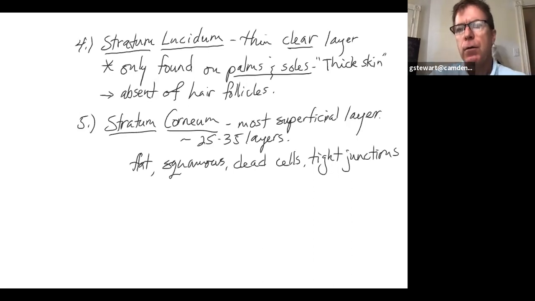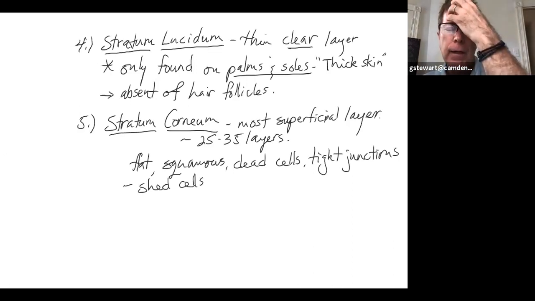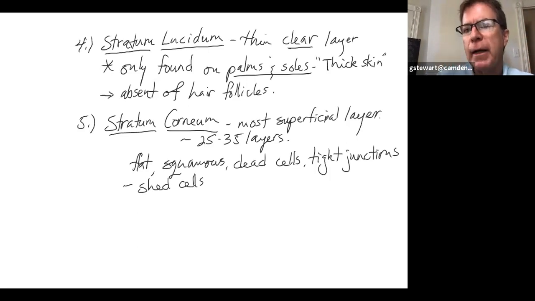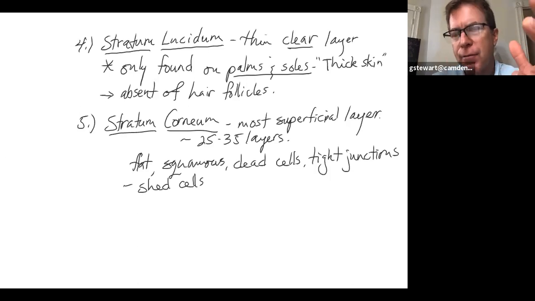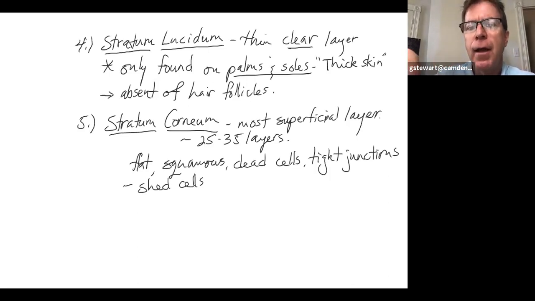So this layer is also constantly sloughing off. We shed cells. The number's staggering. It's something like 50,000 cells per minute come off our body. Relative to the number of cells on our skin, that's not a whole lot, but it's a constant shedding of this layer, which tells us that we have a constant new supply coming up from those basal stem cells from the stratum basale.